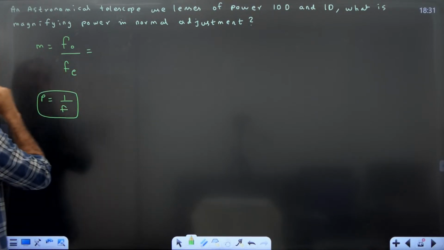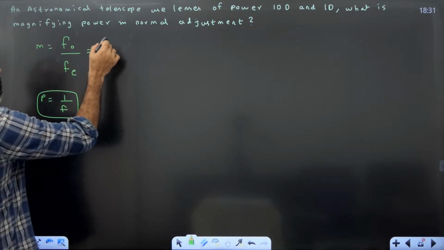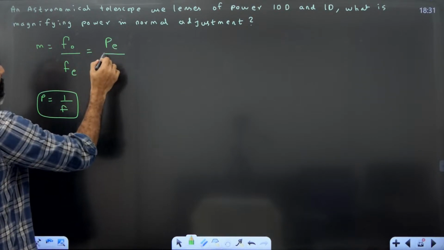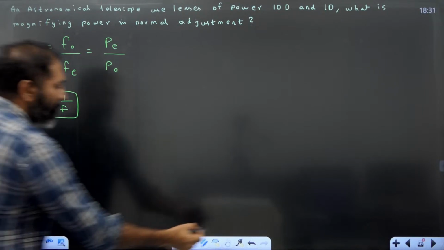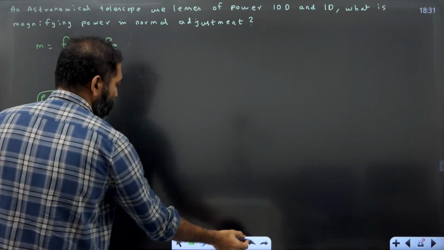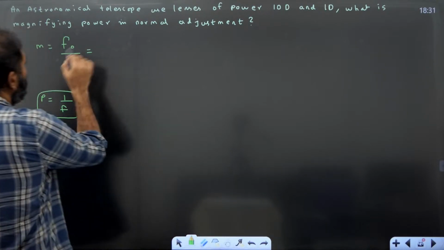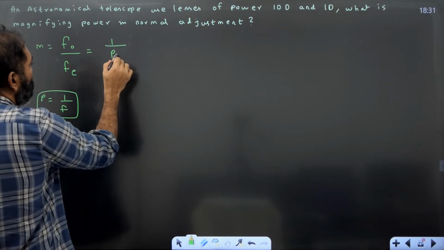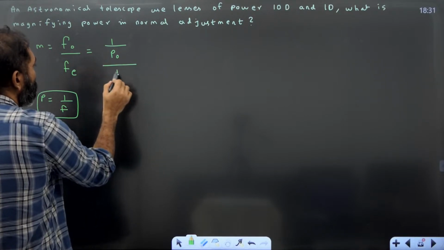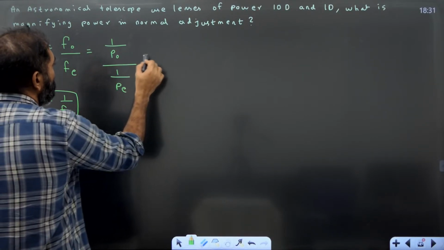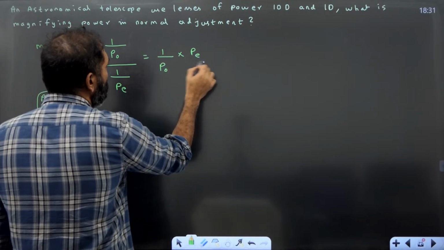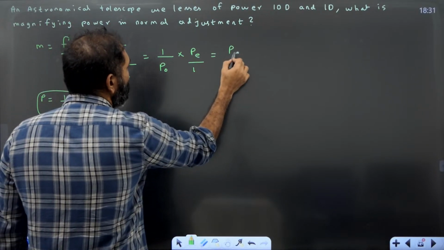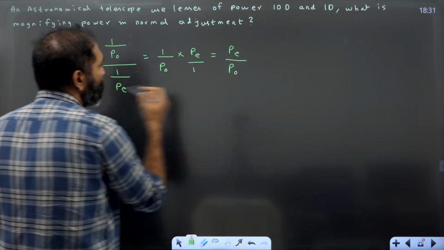So FO by FE in terms of power should be PE by PO. FO is 1 by power of objective, FE is 1 by power of eyepiece. That is 1 by power of objective into power of eyepiece by 1, which is power of eyepiece by power of objective. Any doubt?